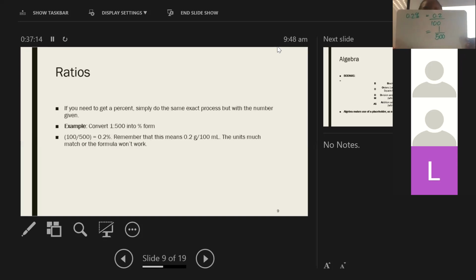It gives you that, doesn't it? 0.2% equals 0.2 over 100, and then it gives you 1 over 500, or it gives you 0.002. It's the same thing. So 1 over 500 equals 0.2% equals 0.002. You understand the proportions now?